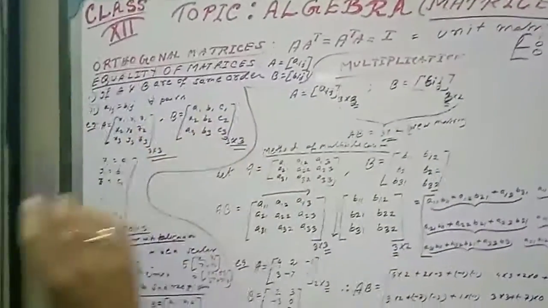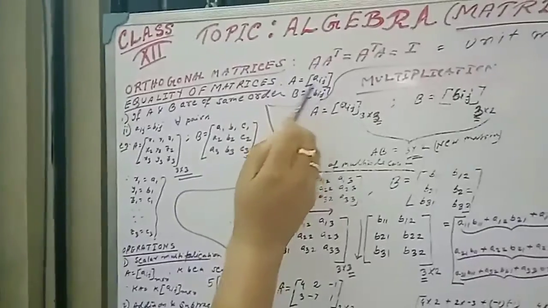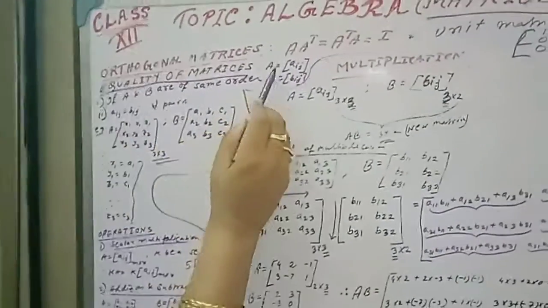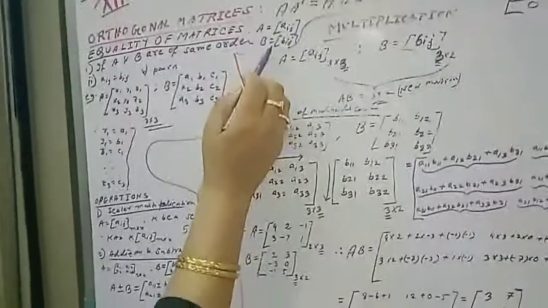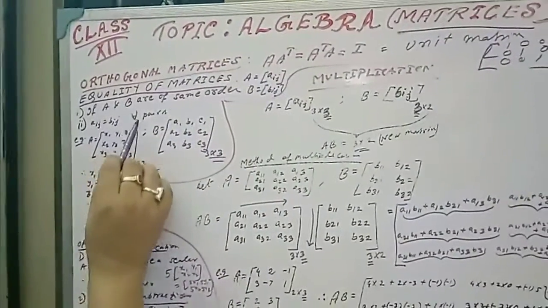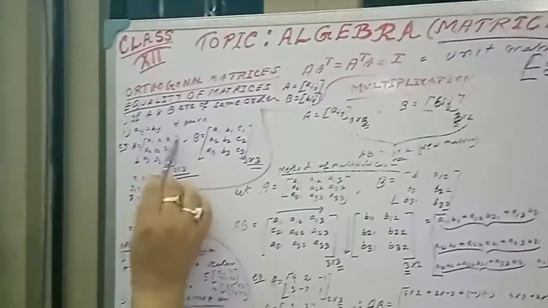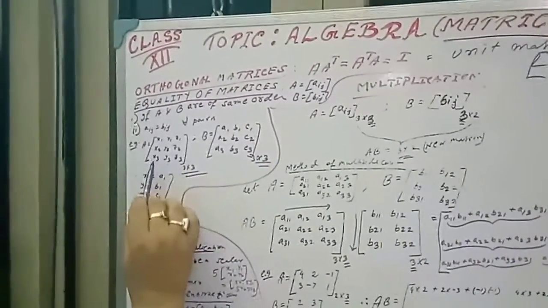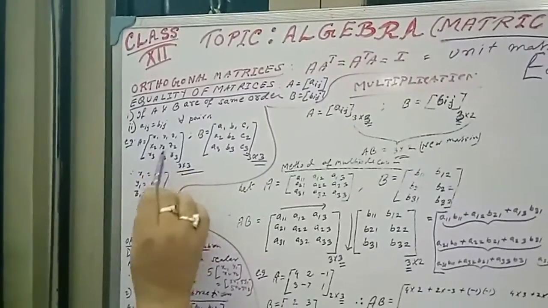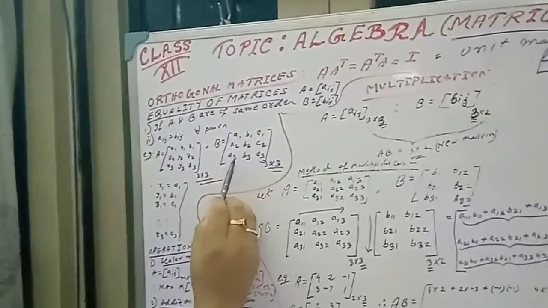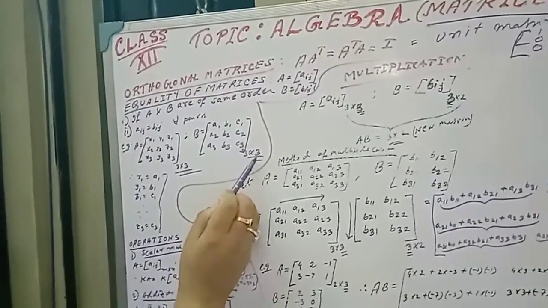Now what is equality of matrices? If A equals aij and B equals bij, then A and B are of the same order. A and B should be of the same order, and aij equals bij for all pairs. Now let A equals x1 y1 z1, x2 y2 z2, x3 y3 z3, then it is 3 by 3 order. B equals a1 b1 c1, a2 b2 c2, a3 b3 c3, that is also 3 by 3 order.